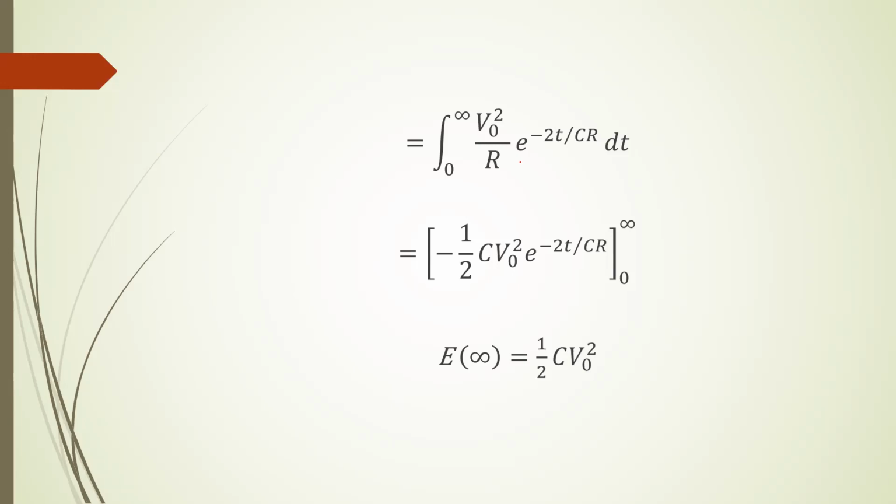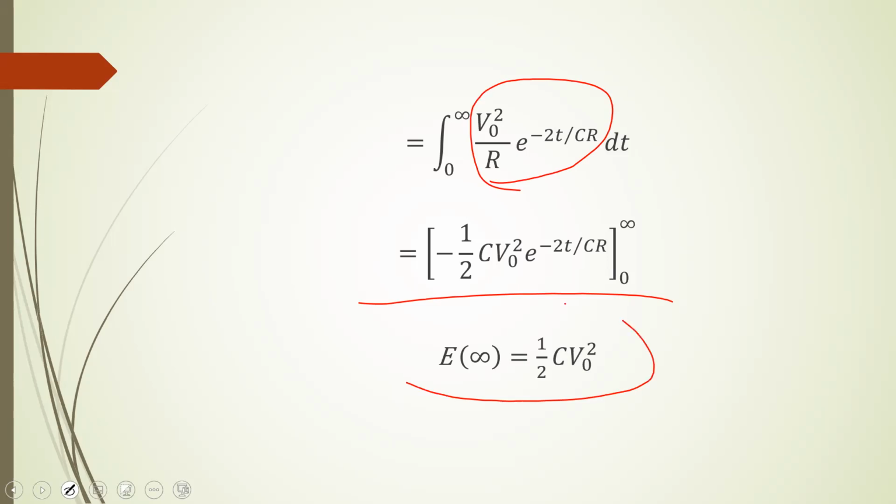So in terms of the integral, we're integrating the power. This is the power expression that we had just now. If we integrate and make our substitution, we will find that the energy consumed by the resistor would be equal to half CV0 squared.